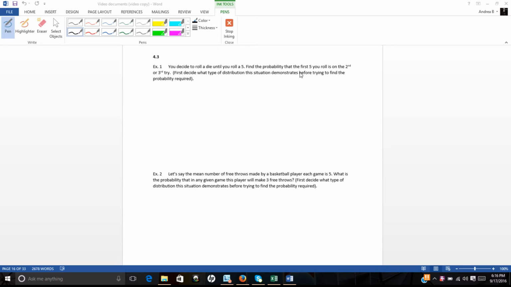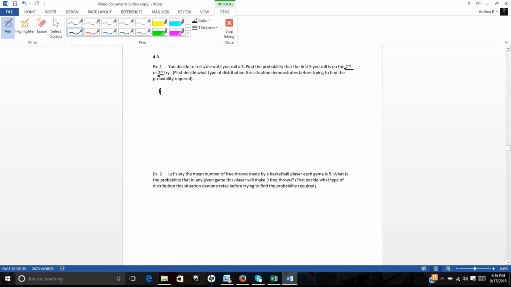In this case, since you're going until you get to the first success, or in this case until you get to the second or the third try, those are going to be your x values for your probabilities.